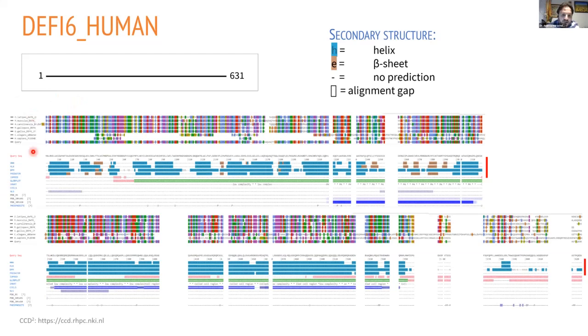This here is your query sequence. On top, you have an alignment, or at least in this screenshot, part of an alignment. And at the bottom, you have the predictions I talked about before. Now, as an example of how to use CCD, I can talk you through how I would work with CCD in order to understand a protein that has little to no annotation, such as DEF6 of human.